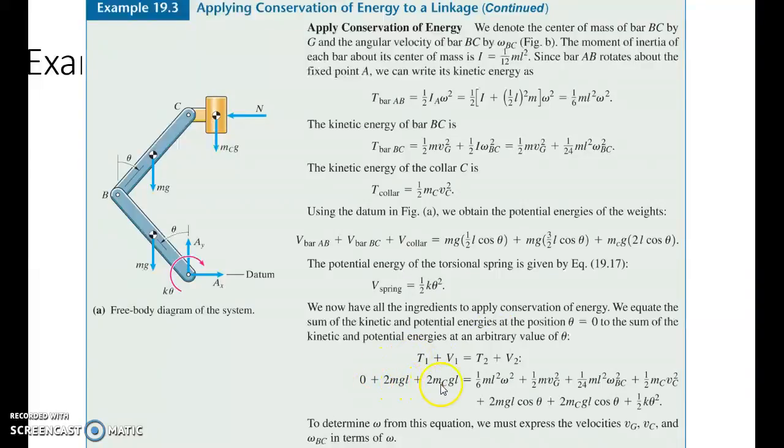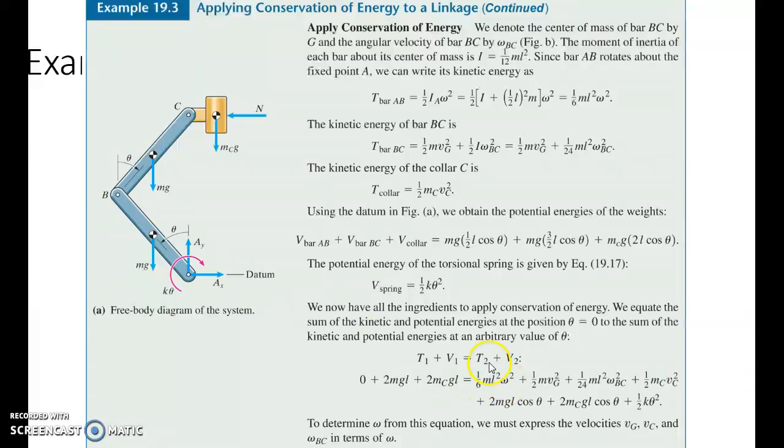Your potential energy terms will be given by the gravitational potential energy of each of the bars, the weight of each bar times its height from some datum, plus the potential energy of the collar, which would be its weight multiplied by the height of the collar from that same datum. And remember, the system is vertical because theta is 0.